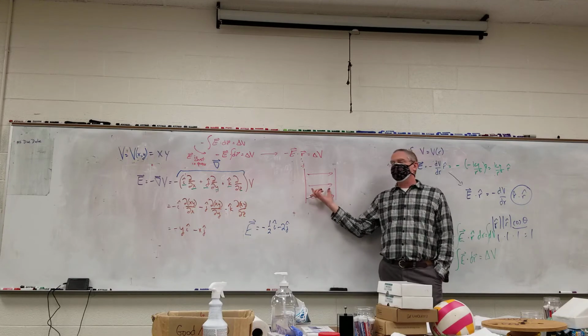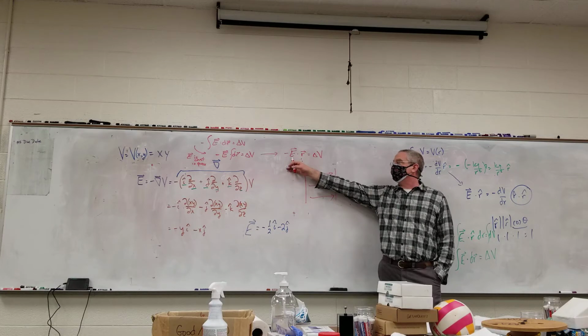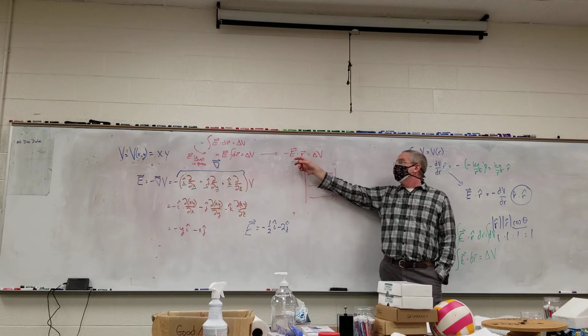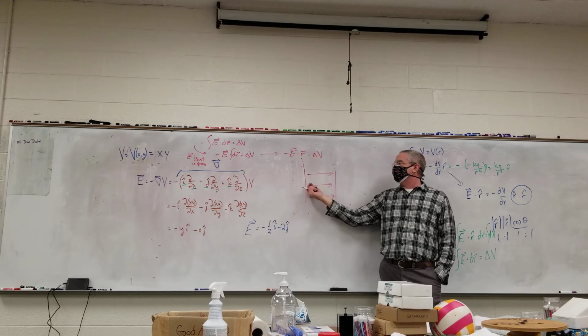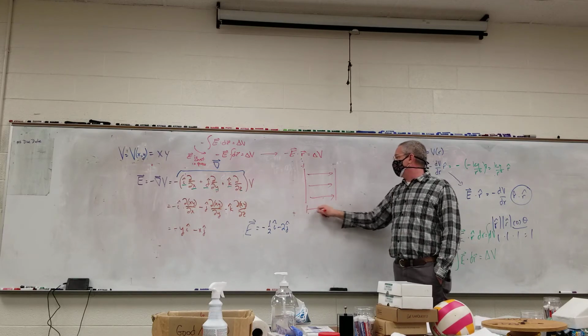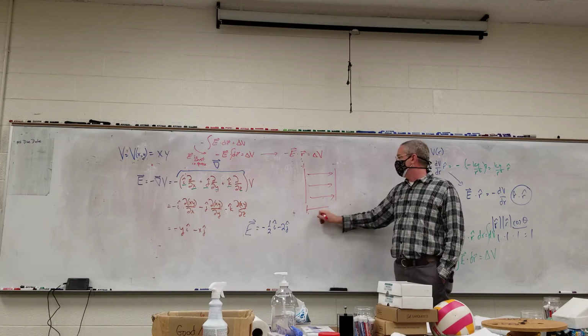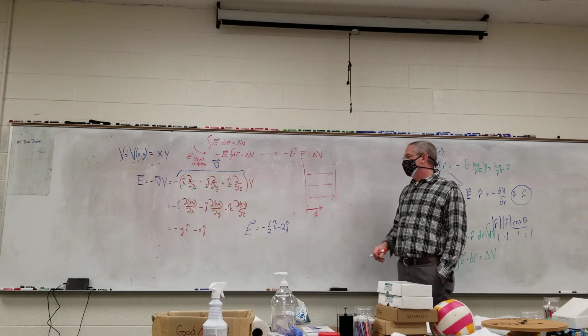If these plates are large enough compared to the space between them, we can consider the electric field to be constant. And so R is just the direction in which I'm going. And so if this distance here is, actually let's define the distance in this direction as D.